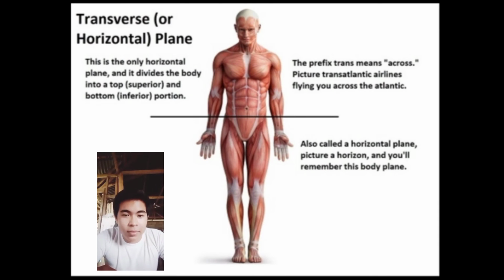Transverse plane. What is the transverse plane? This is the most typical plane for most people to comprehend because it is horizontal. The activities in this plane are rotational, and the best example of an activity in this plane would be swinging a golf club.